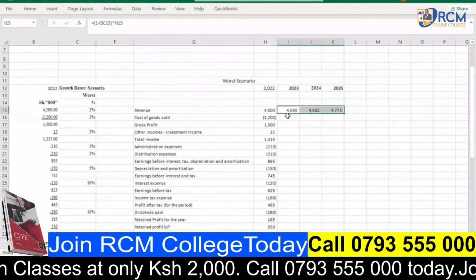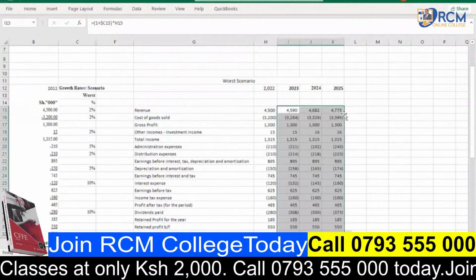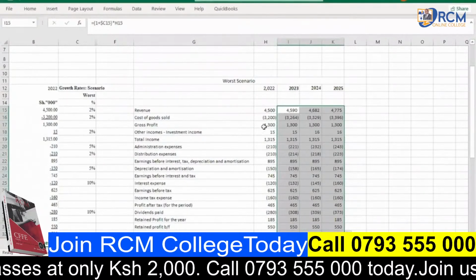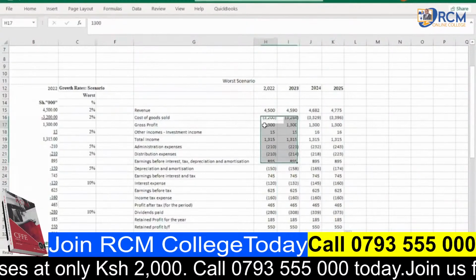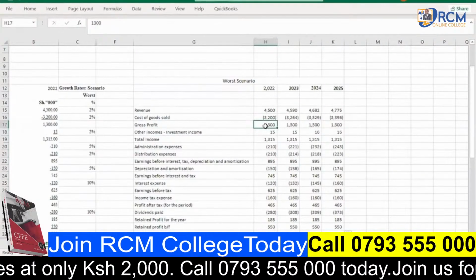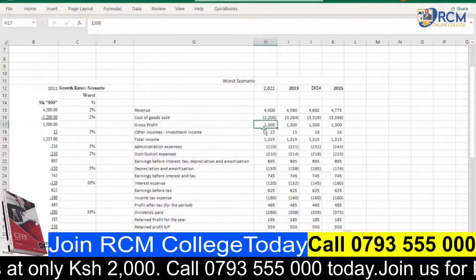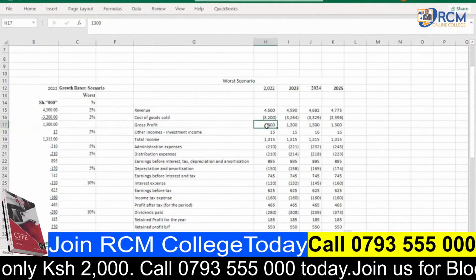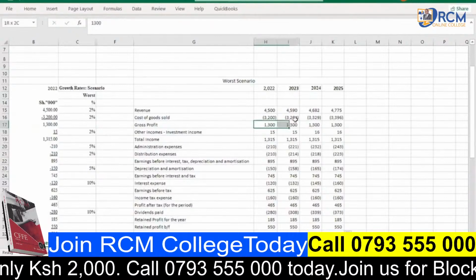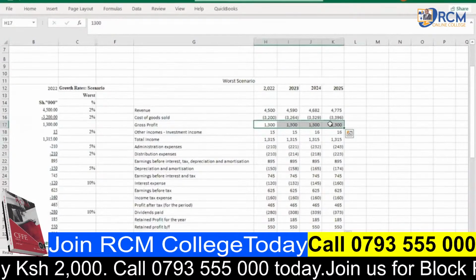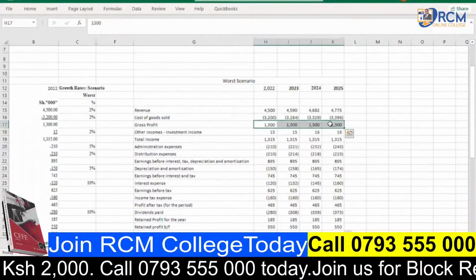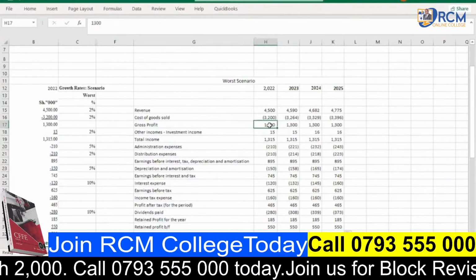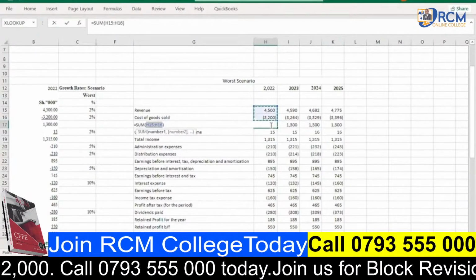Okay. So once you do that, autofill, but there are some instructions given to us. Of course, gross profit is the difference between these two. So it is not being maintained. Just highlight because we have a negative. So we just get the formula, so just say Alt to get that.